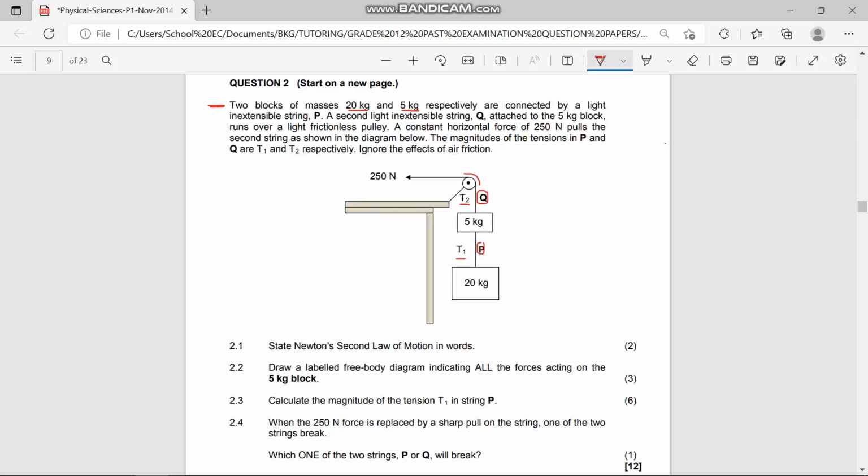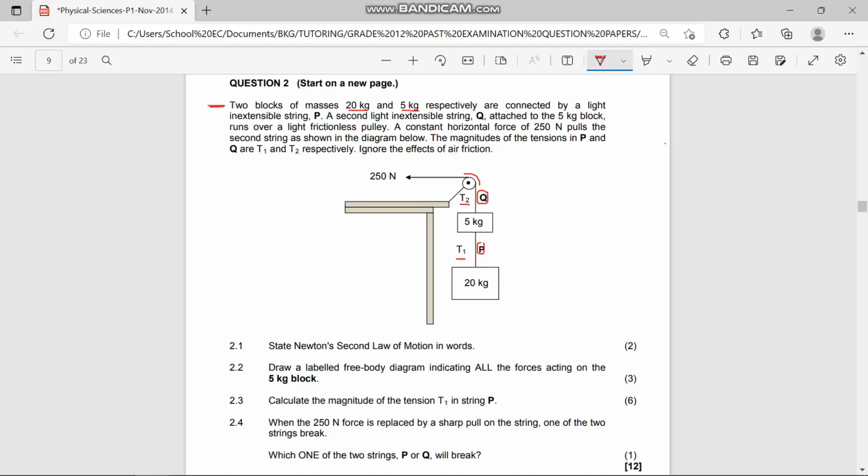Ignore the effects of friction, meaning the pulley is frictionless, so the string runs through the pulley smoothly.